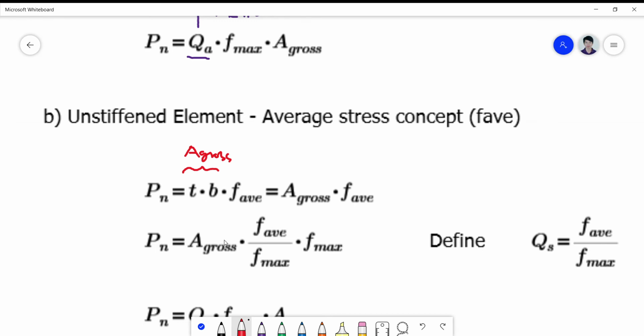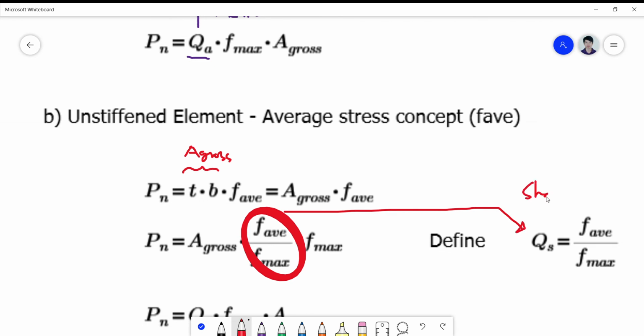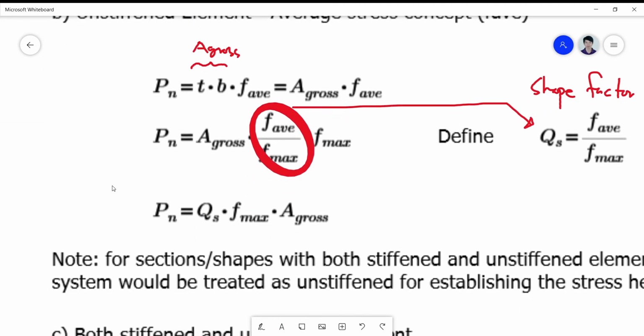This F average can be divided by the F max to make it consistent with the first one, and multiplying it again by F max makes this ratio defined to be your QS shape factor, the shape factor for the unstiffened element. So the formula is reduced to Pn equals Qs times F max times A gross.